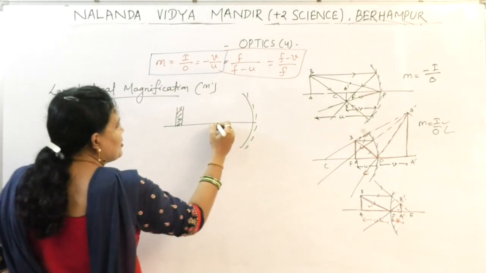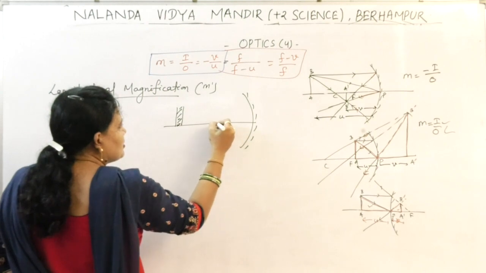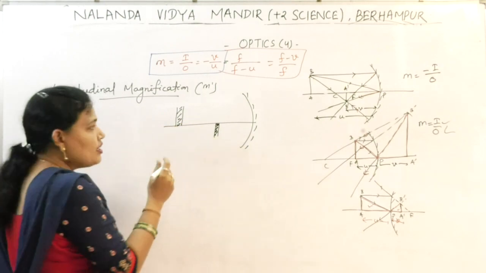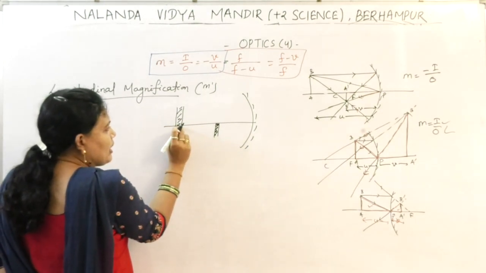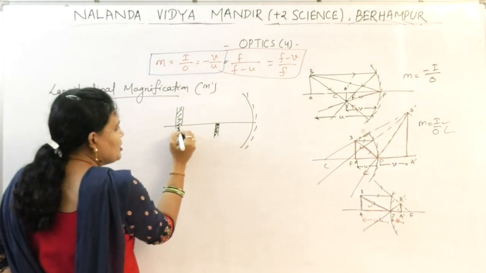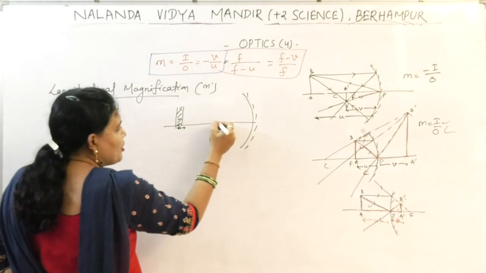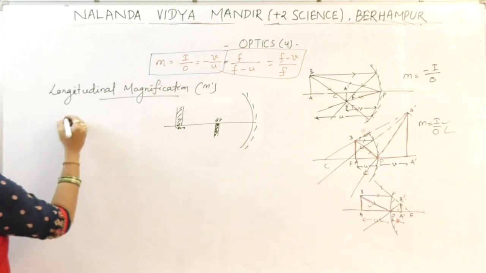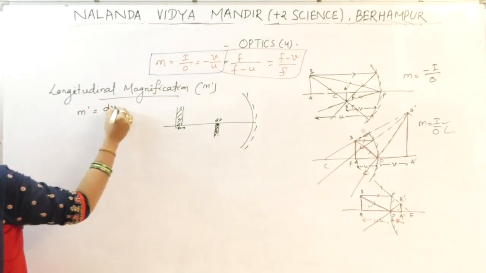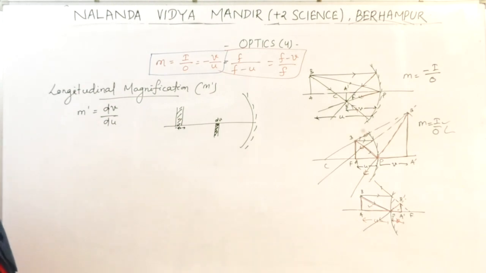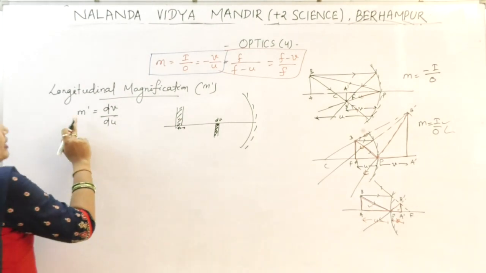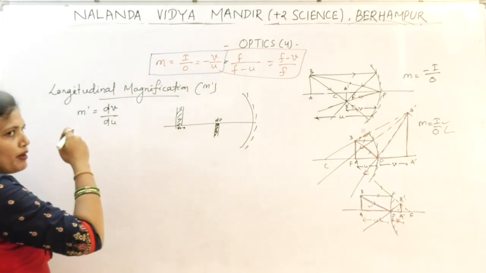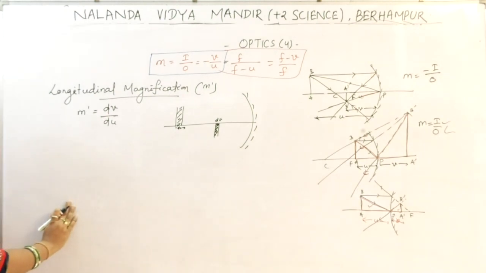After reflection through the mirror, I get the image like this. Suppose the object distance is u, and the separation between the inner edge and the outer edge of the object is du, and for the image, the distance between the inner edge and the outer edge is dv. So what is longitudinal magnification? M dash equal to dv by du. The magnification of the object along the principal axis is known as longitudinal magnification.